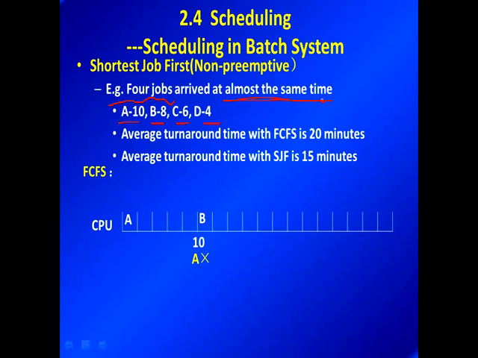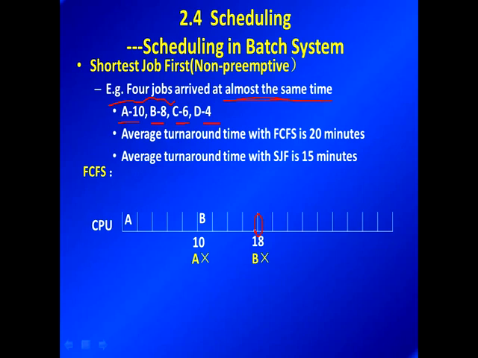You can follow these steps to get the time when B exits. It should be 18, right? 10 plus 8. So at time 18, job B exits the CPU. At this point, if we recall the 4 cases to call the scheduler, at this time a process, B, exits.